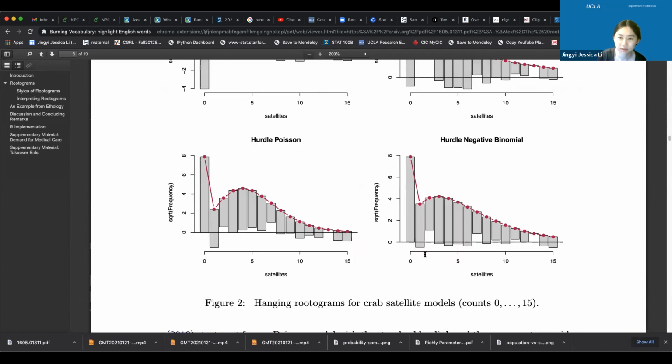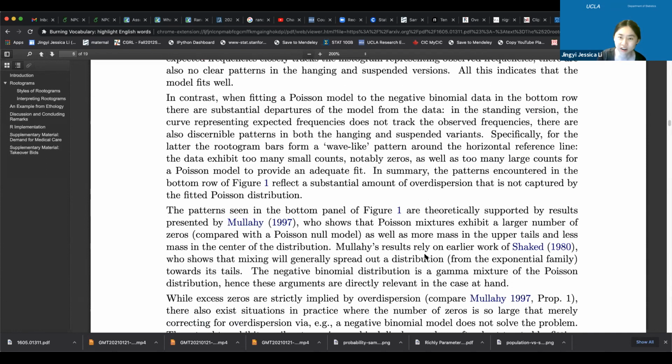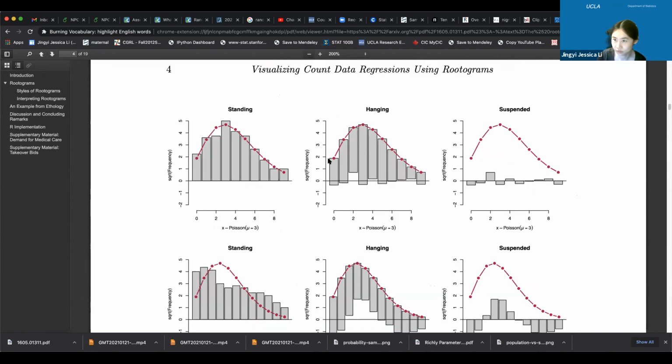Even though the data are truly from the correct distribution, using a correctly specified Poisson, because of the randomness you will never fit the data perfectly, because your estimate for the Poisson mean parameter will never be exactly 3, unless you have a super large sample size. Otherwise, your mu hat will always have some uncertainty. That's why you can allow for those deviations. And whether the deviation is reasonable or not is actually something very subjective, I have to say.